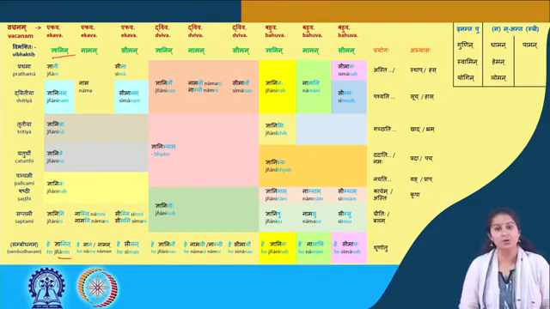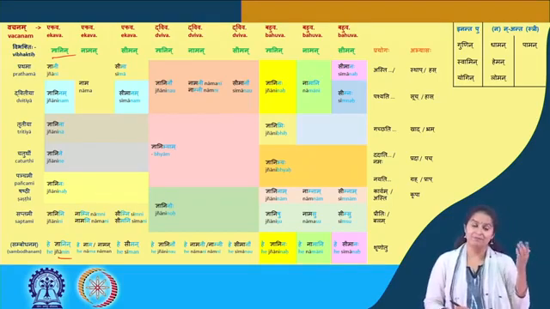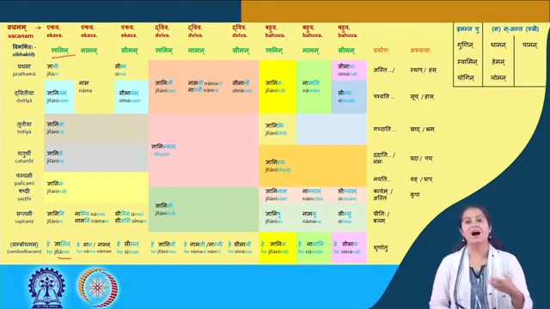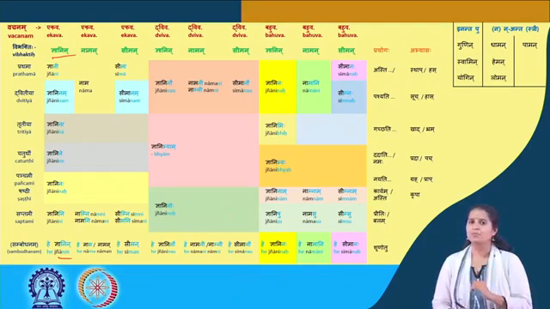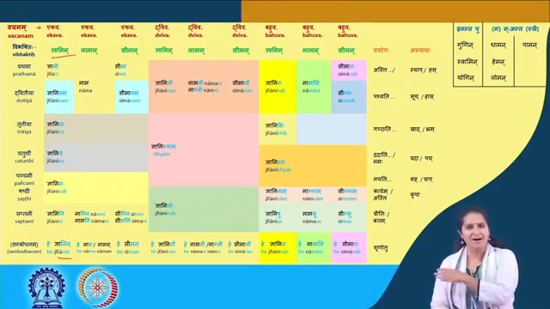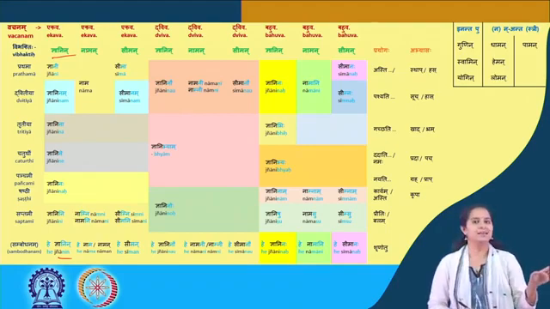I'll move on to the next word, which is another one that we are very, very familiar with. It's the word nama. Nama, if you don't know the root, can be mistaken to be an akaranta Pullinga word or an akaranta Napunsakalinga word. More the Napunsakalinga word because it is nama and not namaha. Namaha Sanskrite nasti.